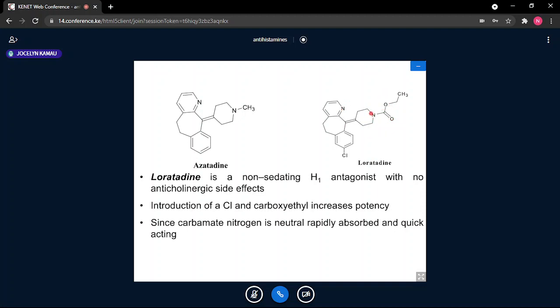So you also reduce the basicity of that piperidine ring, making it neutral, and therefore this nitrogen is not protonated, allowing that molecule to be absorbed. Because it requires to penetrate the membranes well, it is rapidly absorbed and is quick acting.